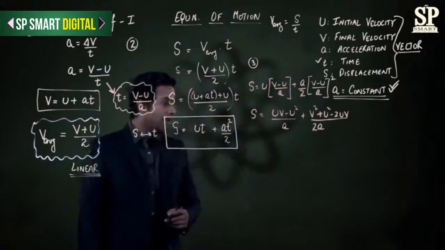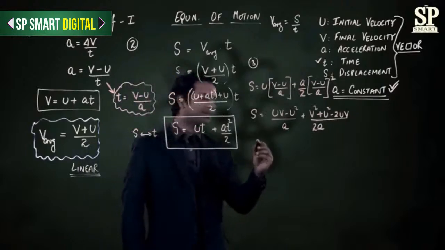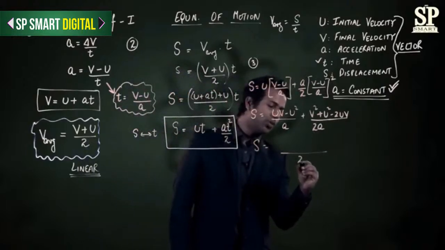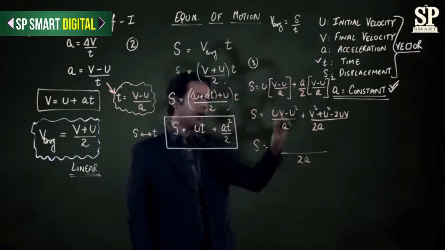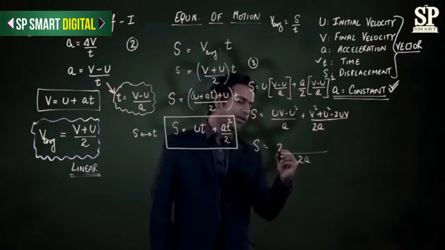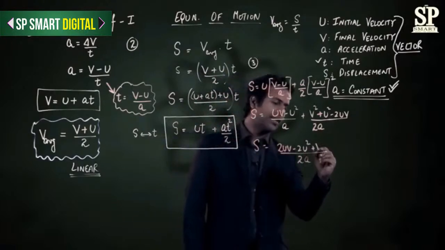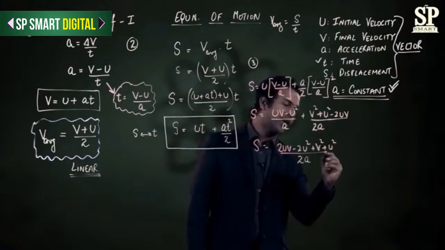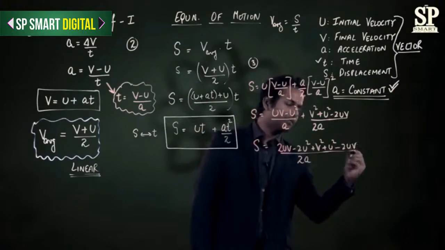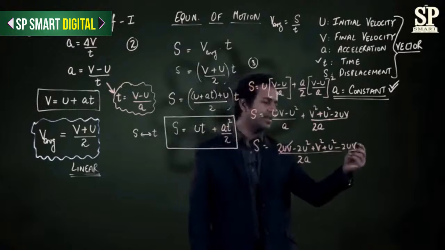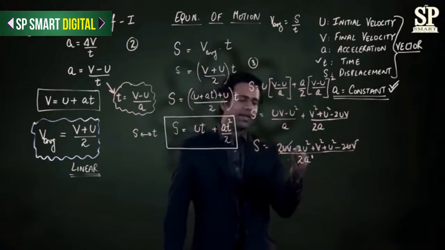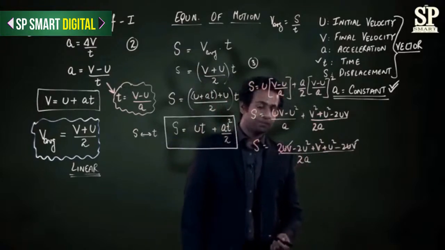So take LCM, you see that the LCM is 2a. You'll have to multiply 2 this side. You have 2uv minus 2u square plus the remaining terms v square plus u square minus 2uv. The uv gets cancelled. One of the u square cancels with minus 2u square.